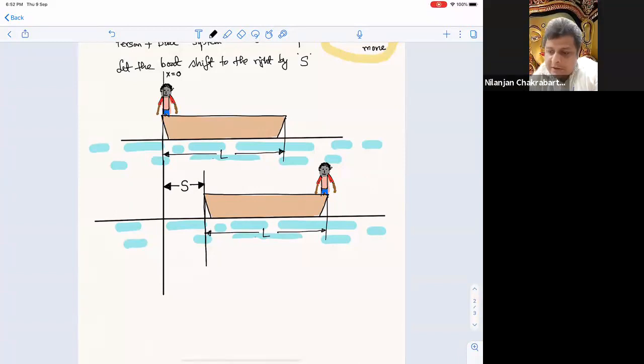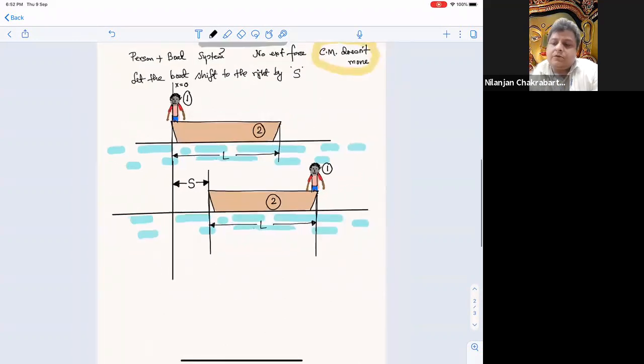Suppose the person is 1 and the boat is 2. Okay, so m1 delta x1 plus m2 delta x2 is equal to 0 here, because delta x of the center of mass is 0.